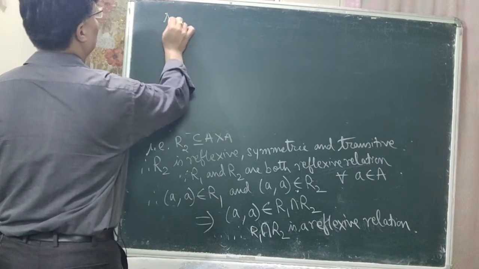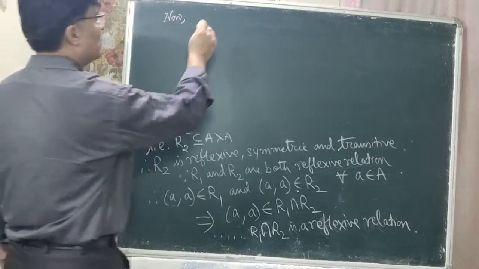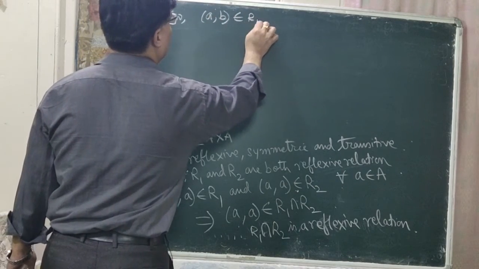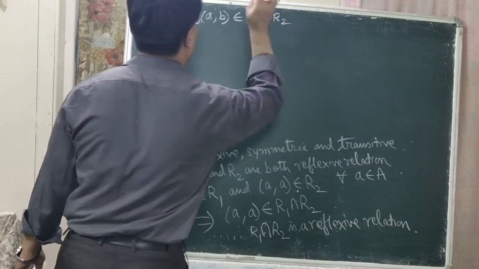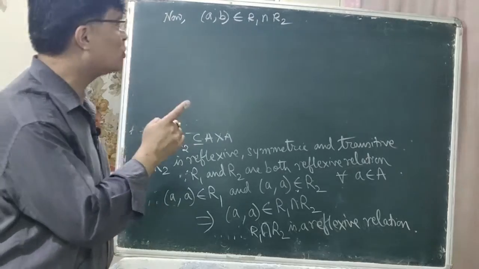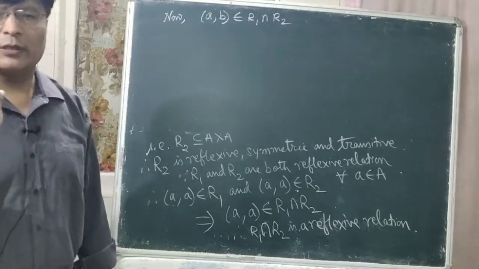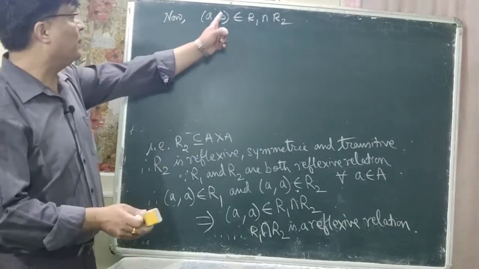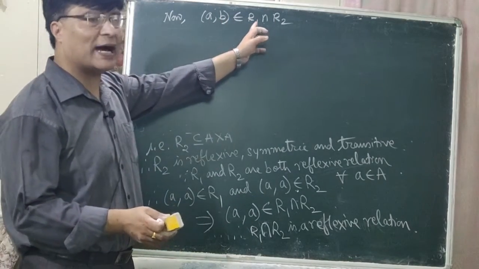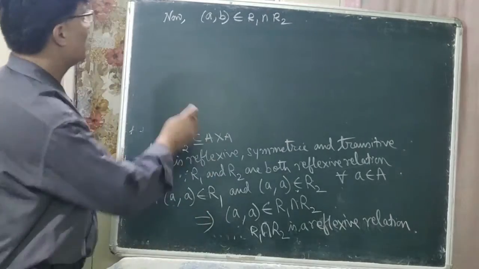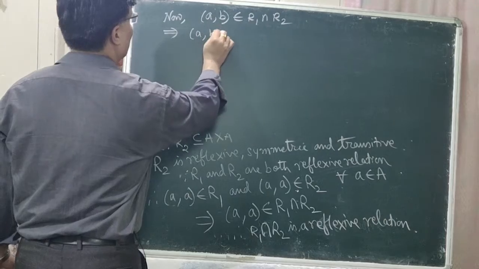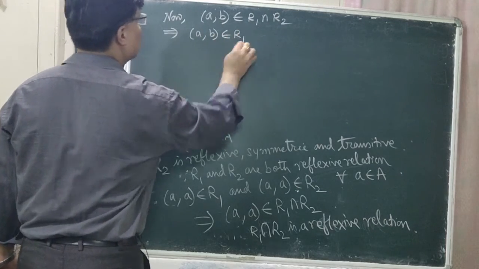So now suppose A comma B belongs to the relation R1 intersection R2. Right? So what should you prove here? B comma A should belong to the relation R1 intersection R2, which implies that A comma B belongs to the relation R1.